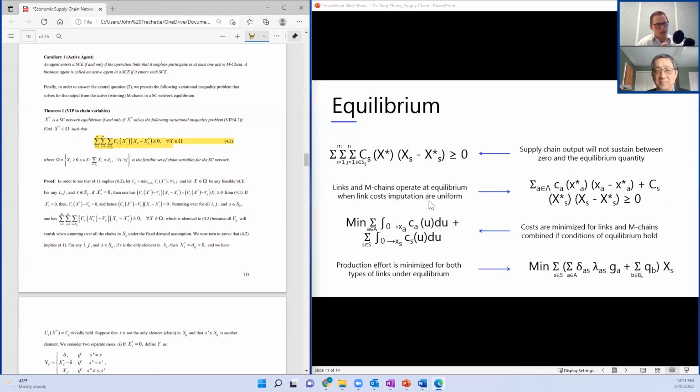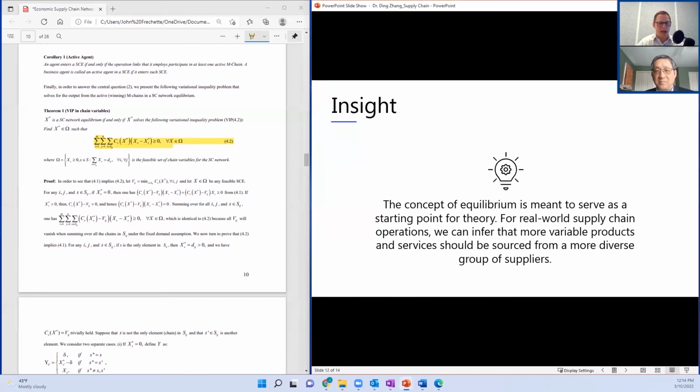I think the sort of theorems covered here, if you're interested, you can take a look. Otherwise, most important, in my opinion, is figuring out, well, if equilibrium is a pretty theoretical tool used by economists and mathematicians and other professionals, what is the actual application for business professionals? Is there any application? My interpretation is that the answer is yes. The concept of equilibrium is meant to serve as a starting point for theory.